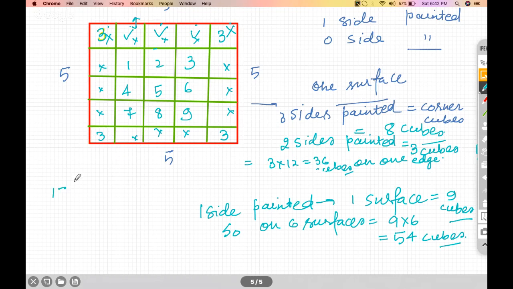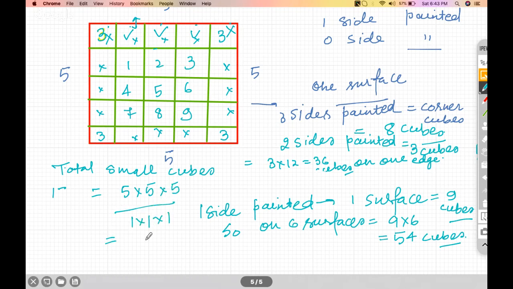And zero side painted would be, so let me count, total small cubes would be equal to 5 into 5 into 5 divided by 1 into 1 into 1, which is equal to 125. Now if it is equal to 125, let's count.